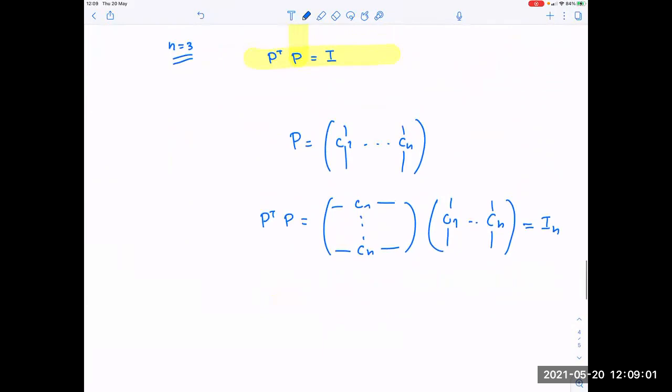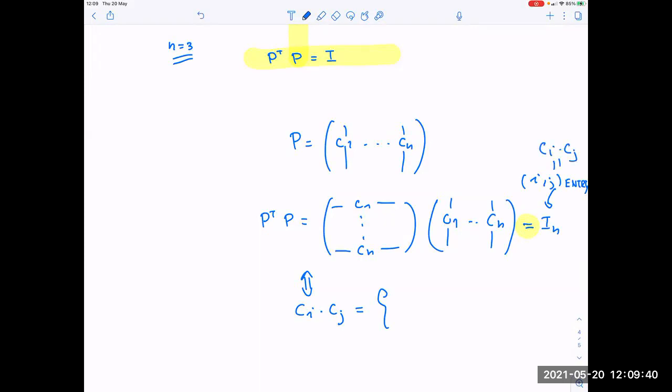And what does it mean about the dot product? So Ci dot Cj, what is this going to be? So this equality was telling you about the dot product Ci dot Cj. Well, we should remember that the ij entry is equal to ci dot cj.